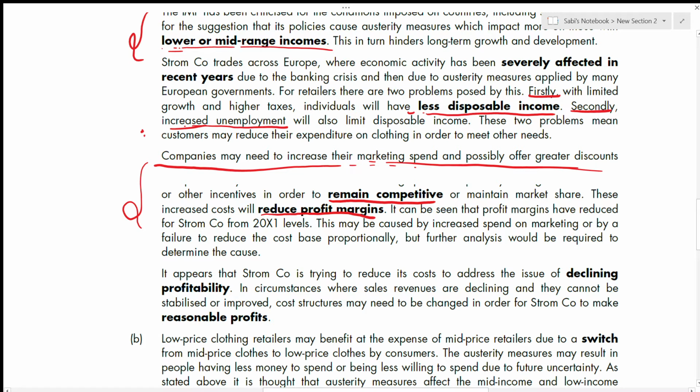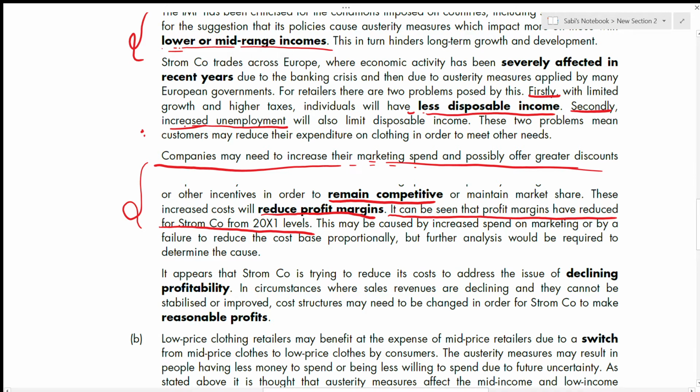It can be seen that the profit margins have reduced from Strom company from 2001 level. They have taken this point directly from the case study itself. You need to put evidence like this. Whenever you give such a statement, that profit margin is reducing or sales are increasing, you need to back it up with evidence from the case study. Go and check, have they mentioned anything about profit margin reducing or improving?